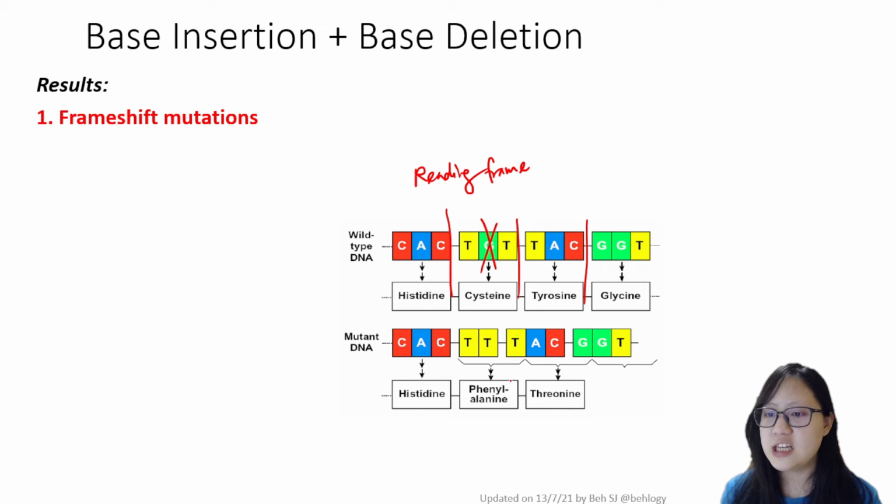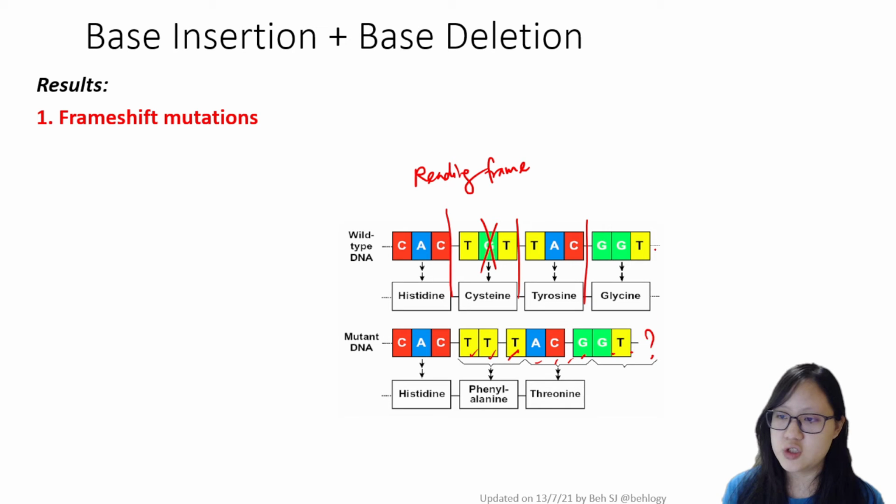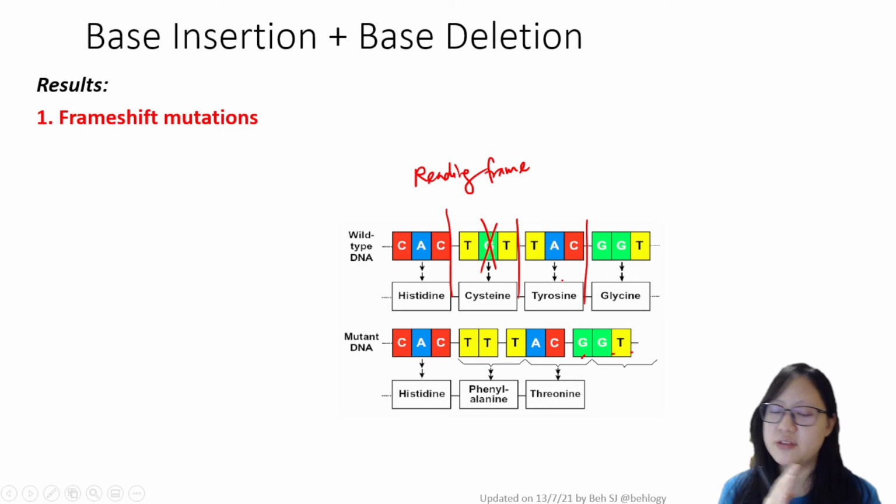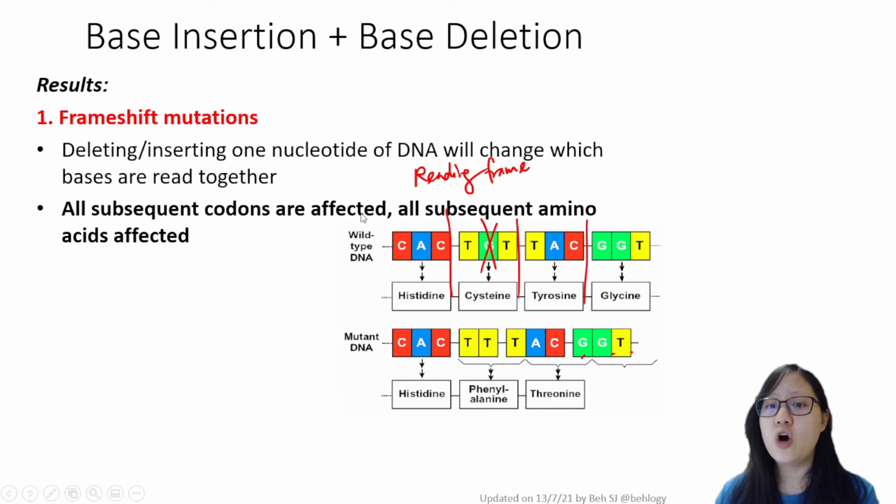So instead of TGT, the 3 bases that are read together are TTT, and then ACG, and then GT something else, which is not written here. As you can see, it seems like the reading frame is shifted by 1 base forward. This results in all subsequent codons being affected.